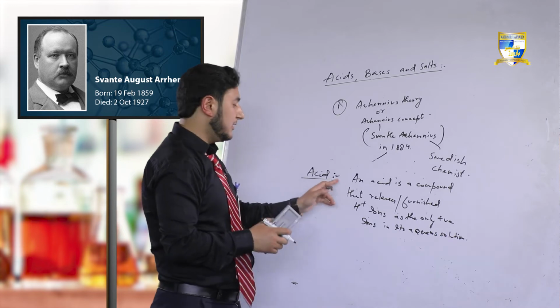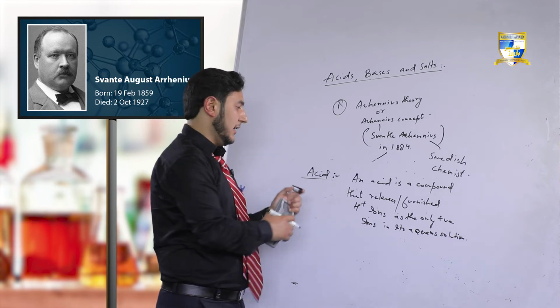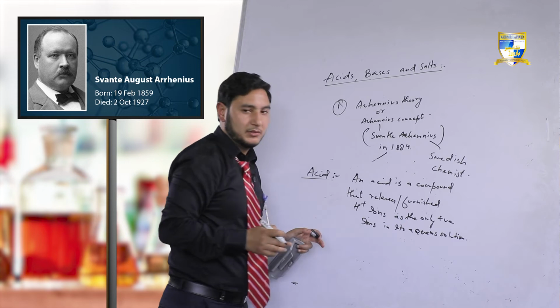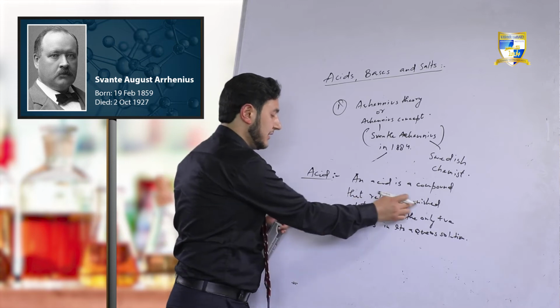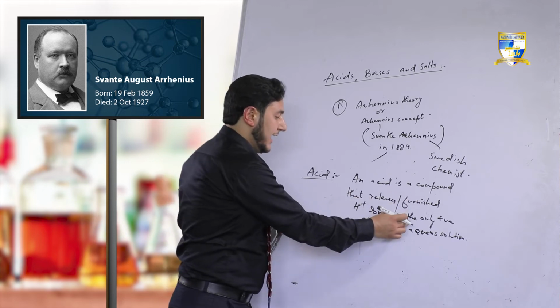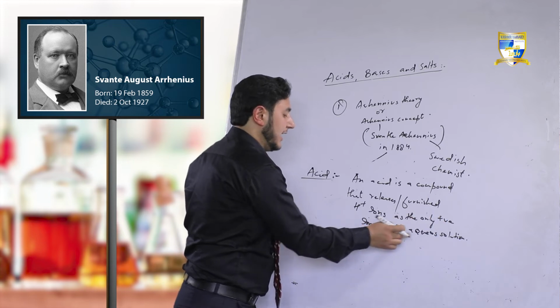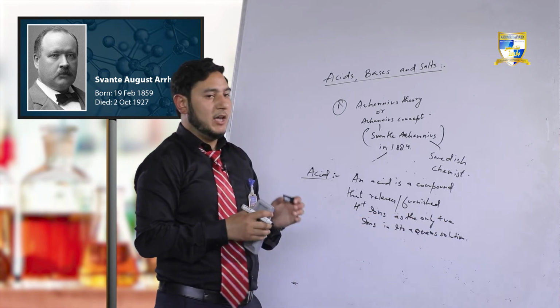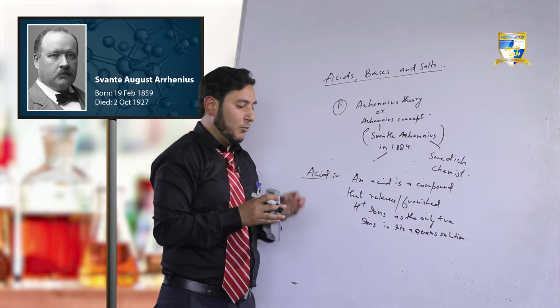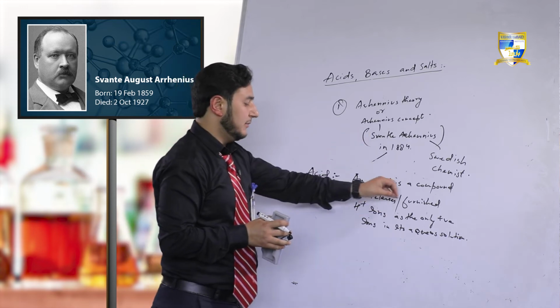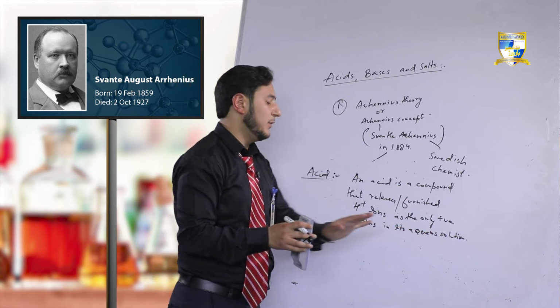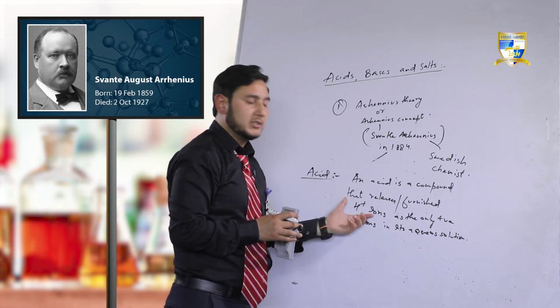So, according to Arrhenius, what is an acid? An acid is a compound that releases or furnishes H positive ions as the only positive ions in its aqueous solution. That means if a substance is an acid, when it is dissolved in water, in aqueous solution, it will release H positive ions.